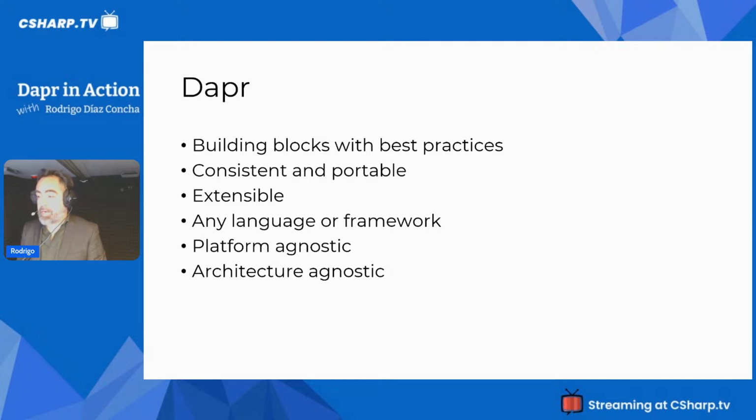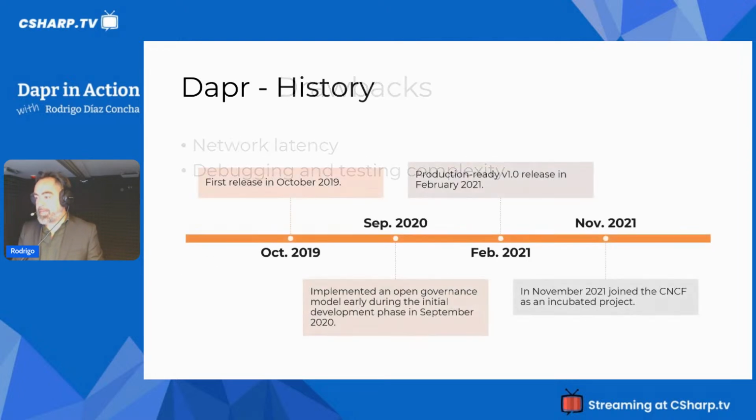So it allows you to create consistent and portable distributed applications. It's extensible, it's fantastic, it's glorious, and nowadays, we're about to have Dapr 1.15, I guess, sooner or later.